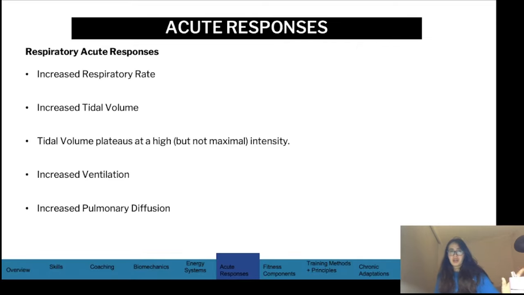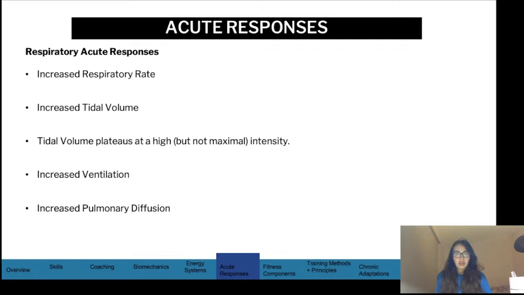If we think about it logically, increased respiratory rate: when we start exercising, we start to breathe faster. If you were to get up and sprint right now, your respiratory rate would get a lot faster, right? And tidal volume is the amount of air taken in per breath.